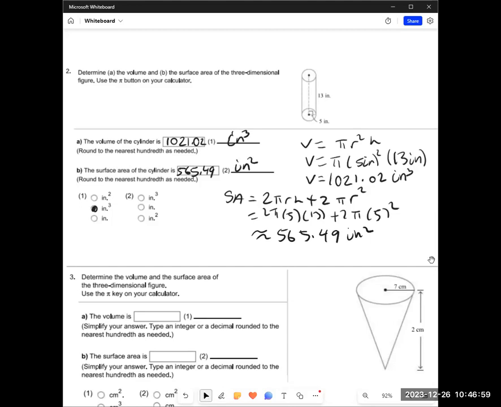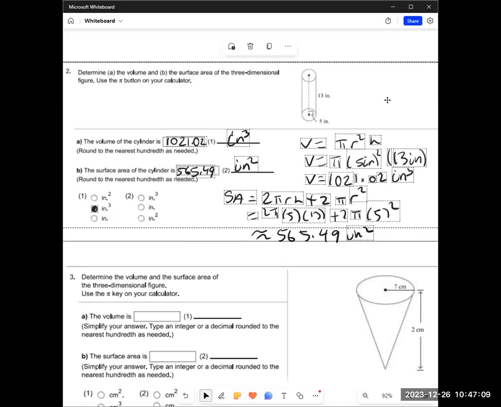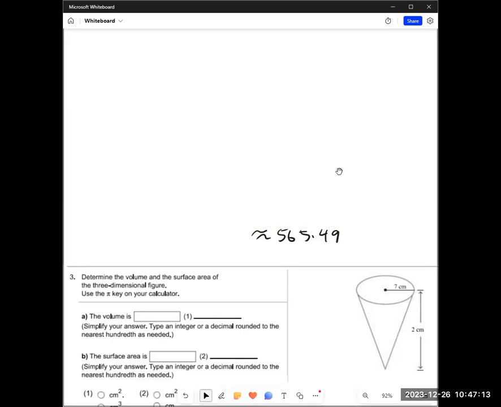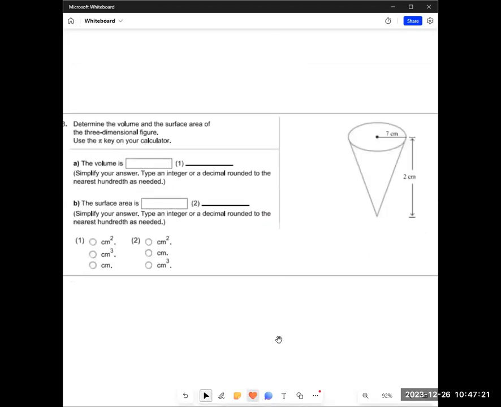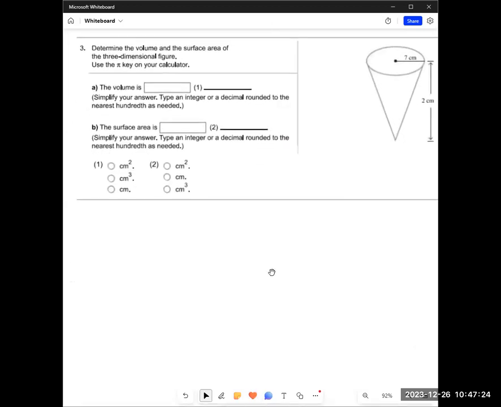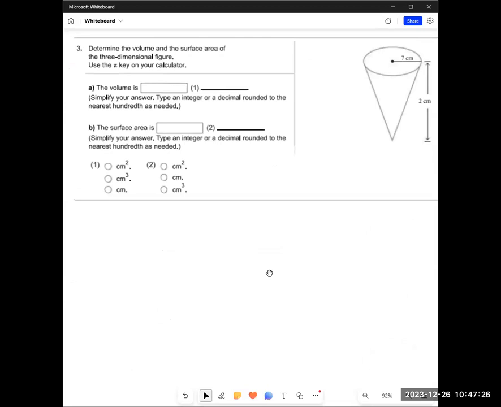Right. One more here. Let's go ahead and get rid of this one. Now we're going to look at this circular cone.